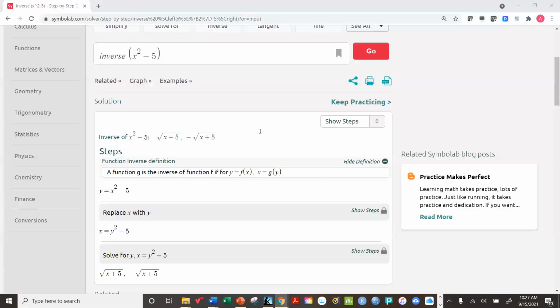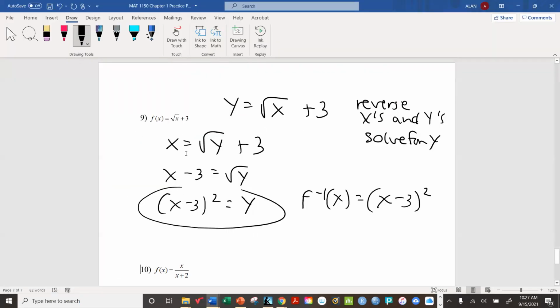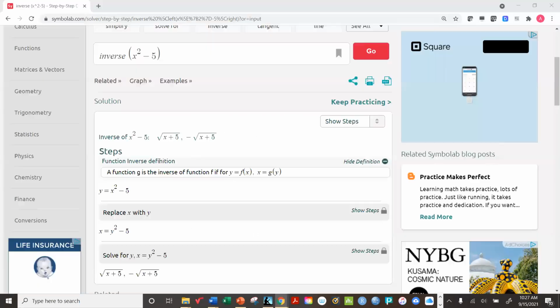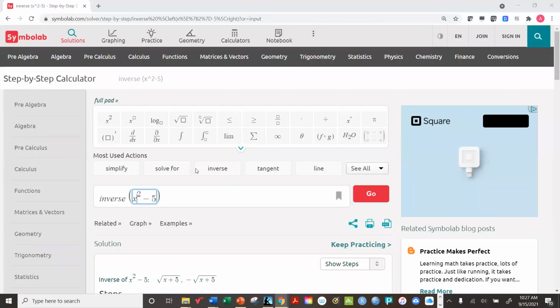All right, let's see what Symbolab has to say about this. Radical x plus 3.